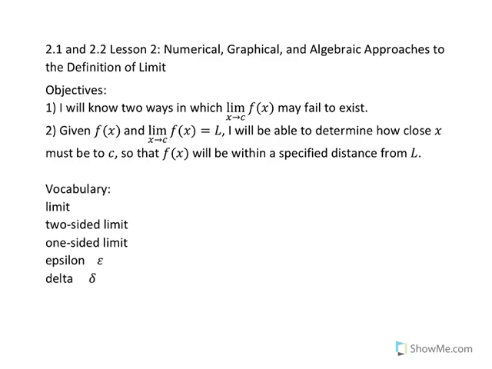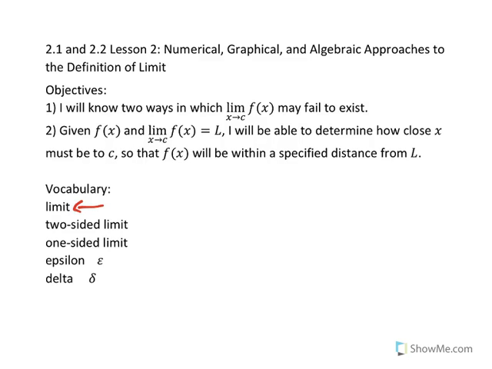And then we'll take a look at objective 2. Given f of x and the limit of f of x as x approaches c is equal to L, you'll be able to determine how close the input values x must be to c so that the output values will be within a specified distance from the limit L. So vocabulary for today is limit.